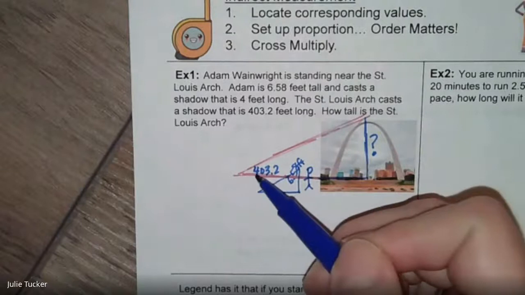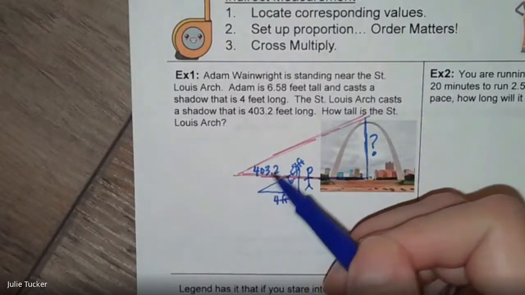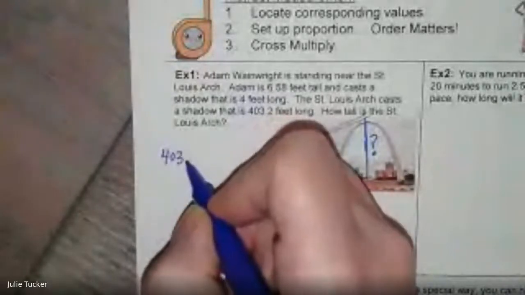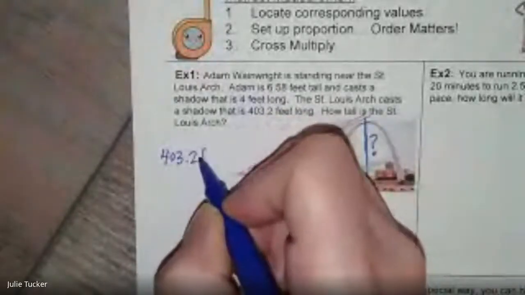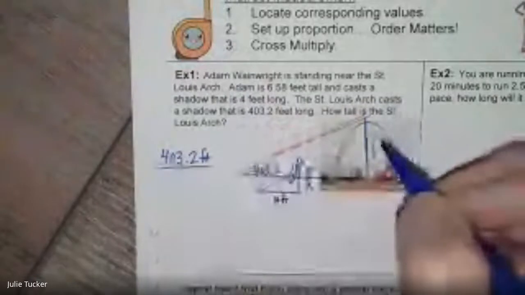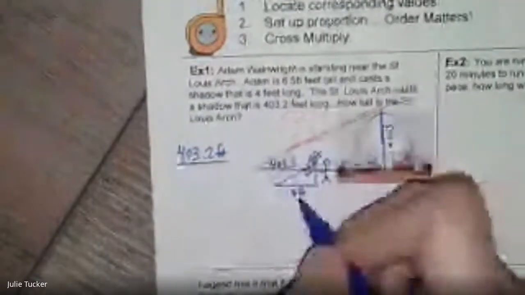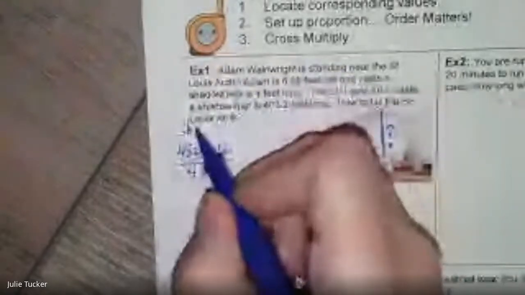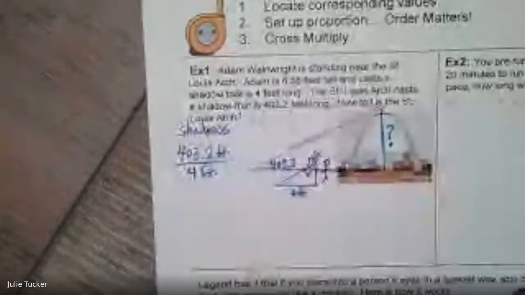So I see this number first, 403.2, and that's in feet, over 4 feet for the other shadow. So basically, this whole ratio is the shadows ratio, okay?